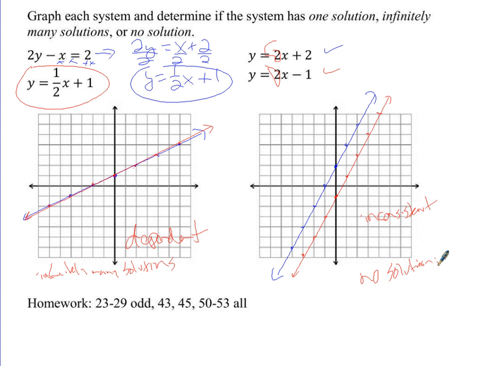Yeah, it's just two lines that cross. Maybe one line does this and the other one does that. That is one solution. They cross once. There's only 3 ways that lines can appear together. Either they cross, or they're parallel, or they're exactly the same. Okay? So that's why there's only 3 possible answers on these problems.